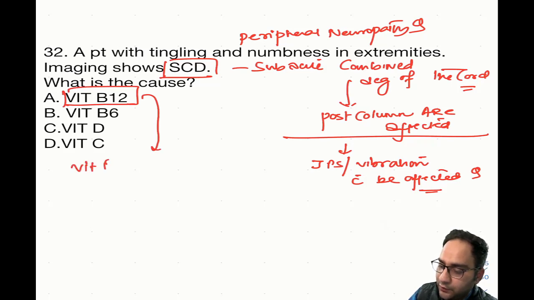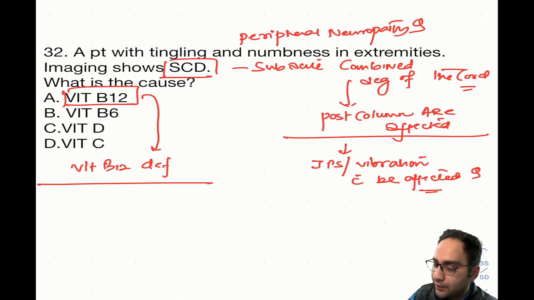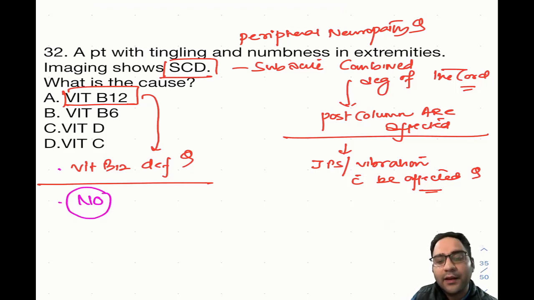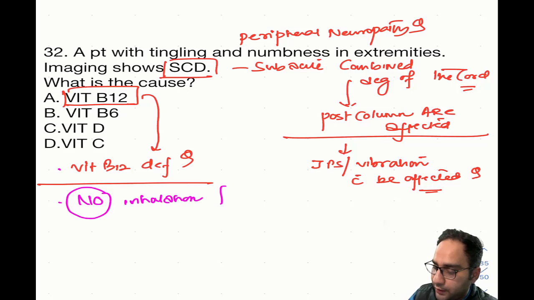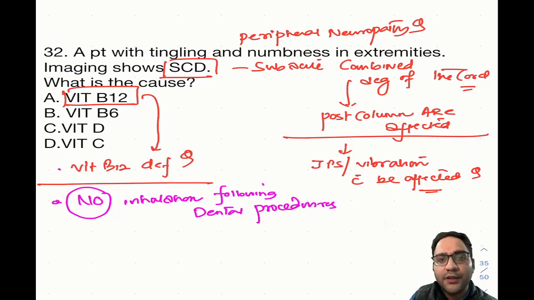There are some other causes also. You can also see it in cases of nitrous oxide inhalation, following dental procedures. Nitrous oxide inhalation following dental procedures can cause subacute combined degeneration of the cord.